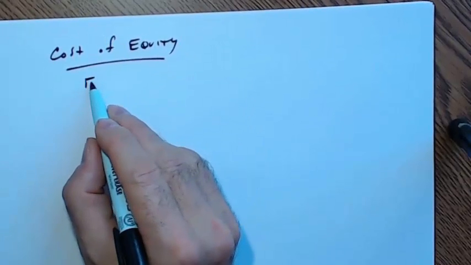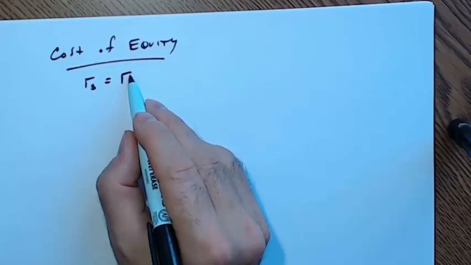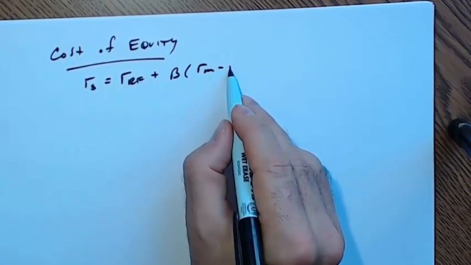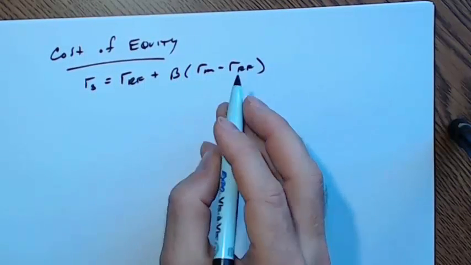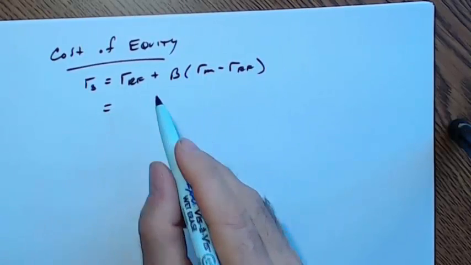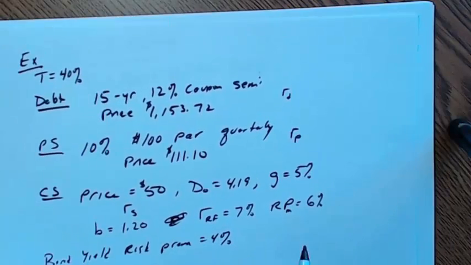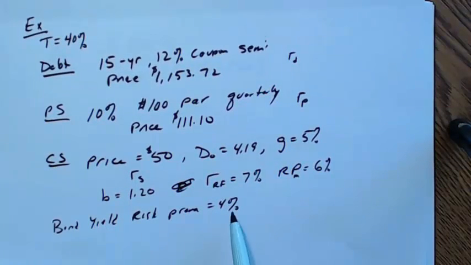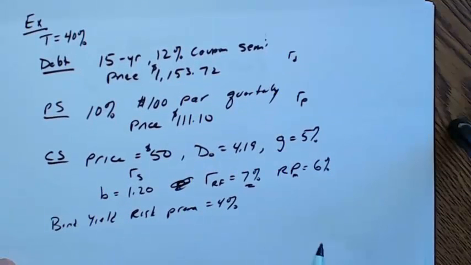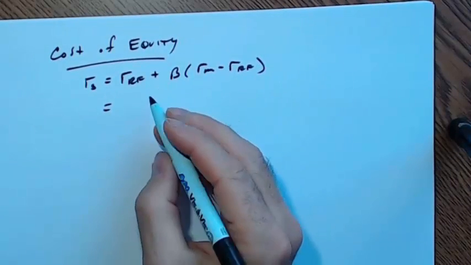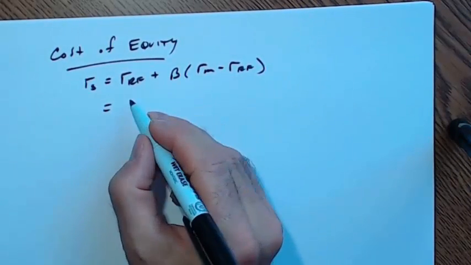So we'll do the first method. RS equals the risk-free rate plus beta times the return on the market minus the risk-free. And the risk-free rate we assumed way back here was 7%. So we have all this information to calculate the cost of common stock, RS. So this will be 7.